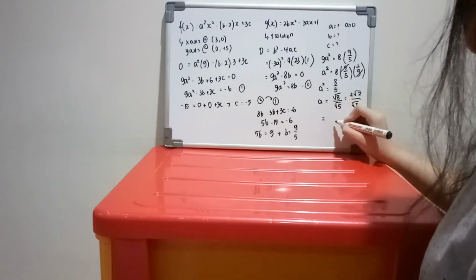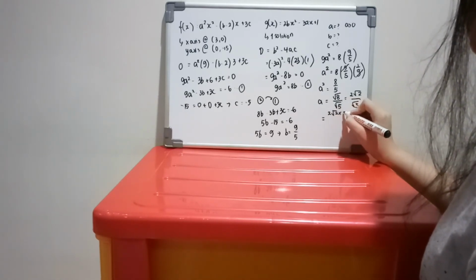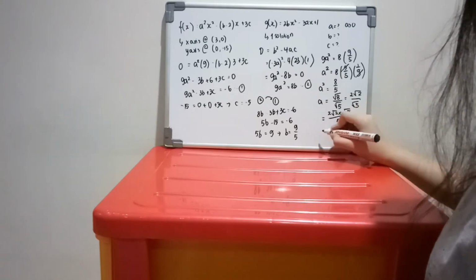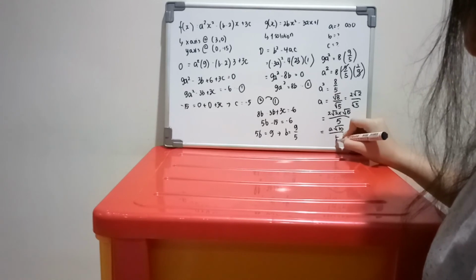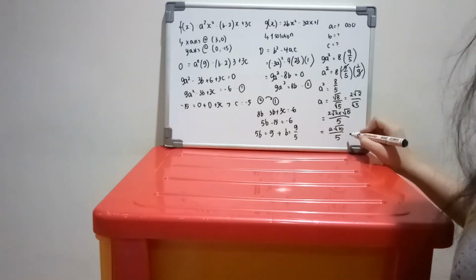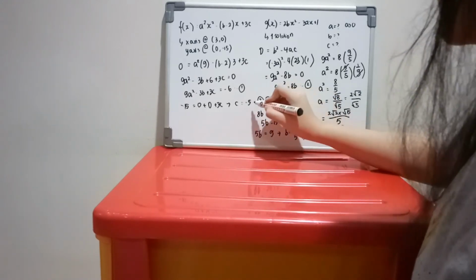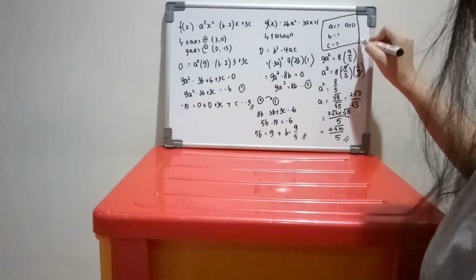Rationalize the denominator. We have 2 square root 2 times square root 5 over 5, which is 2 square root 10 over 5. So we have a equals 2 square root 10 over 5, b is equal to 9 over 5, and c is equal to -5, for which we get these values.